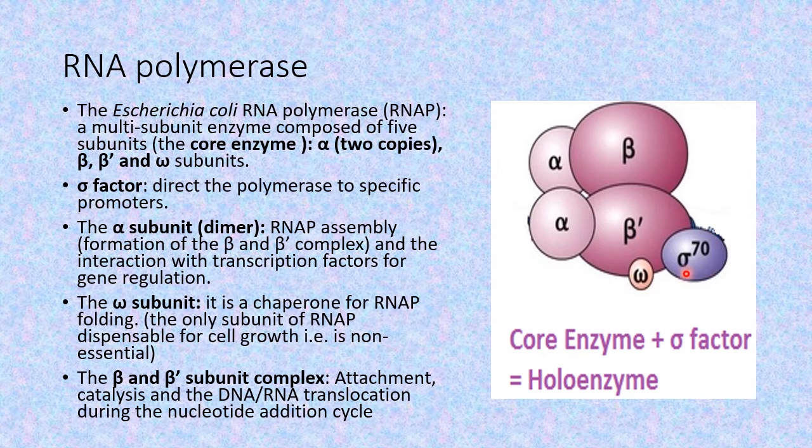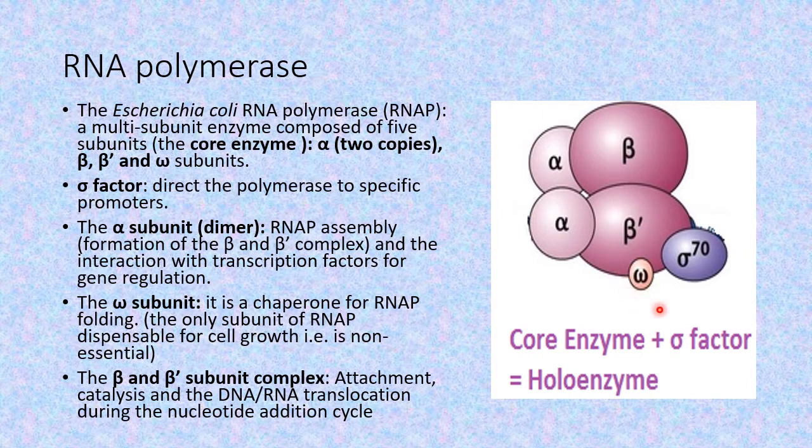Then this sigma factor basically recognizes the promoter sequence to which this RNA polymerase has to attach itself, or it recognizes the gene which is to be transcribed.